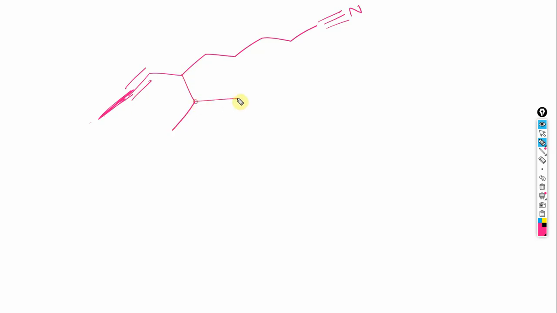So let's take another example. Alright, so if we have a structure like that, then this will be an alkyne.